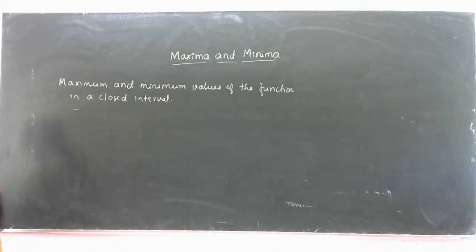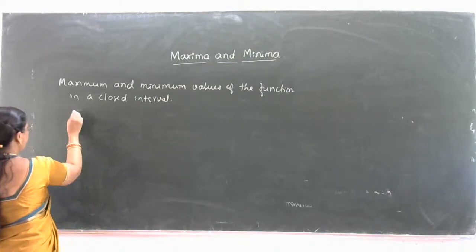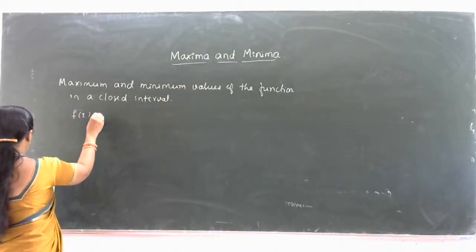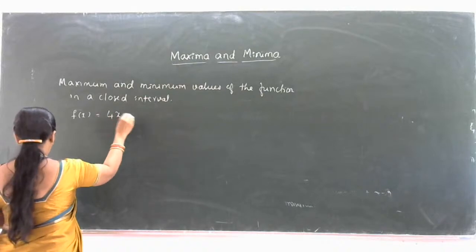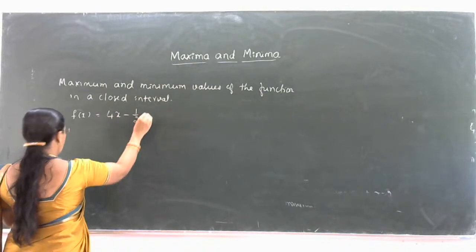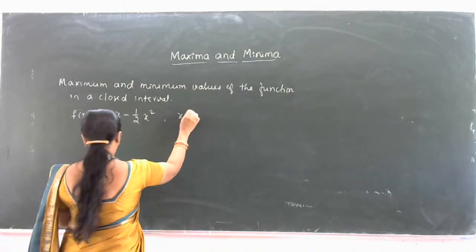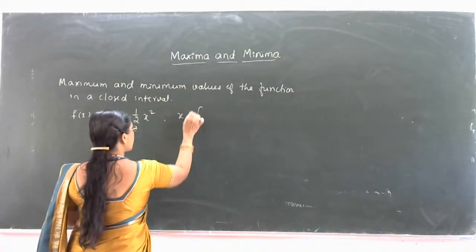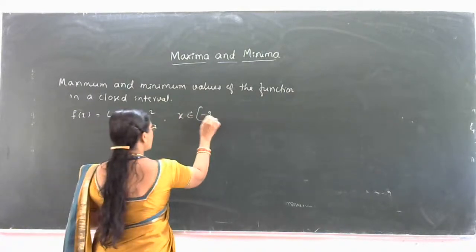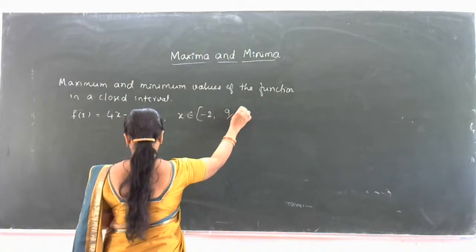Let's solve one more problem and then we'll stop. f of x equal to 4x minus 1 by 2 x square, where x belongs to minus 2, 9 by 2.